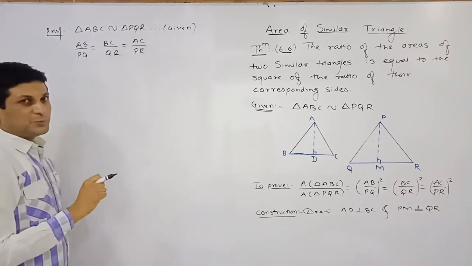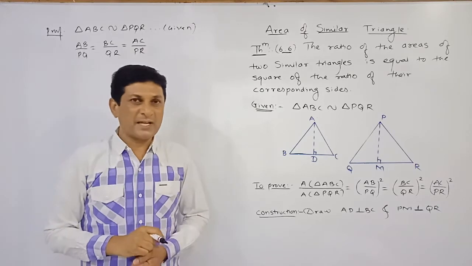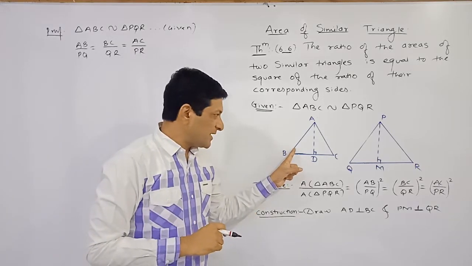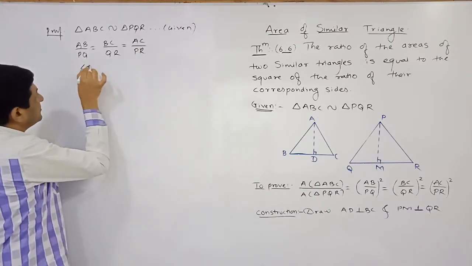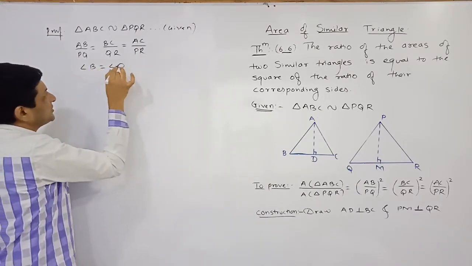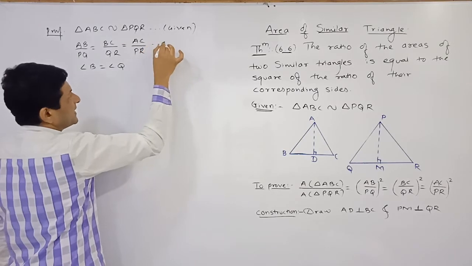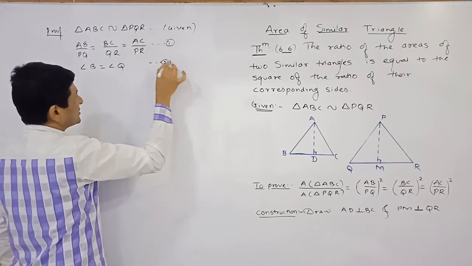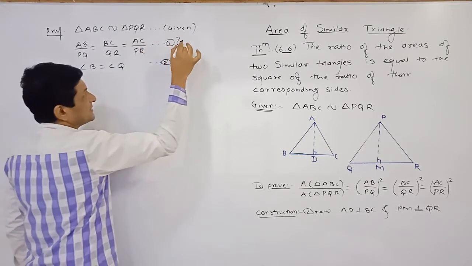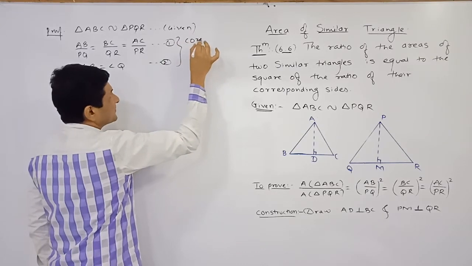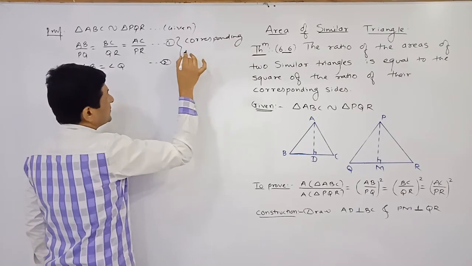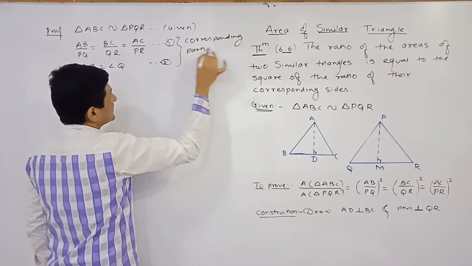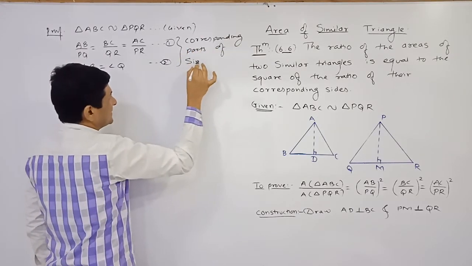And even if two triangles are similar, corresponding angles are also equal, so angle B is equal to angle Q. Let us denote these by equation number 1 and equation number 2, and give the reason that these are corresponding parts of similar triangles.